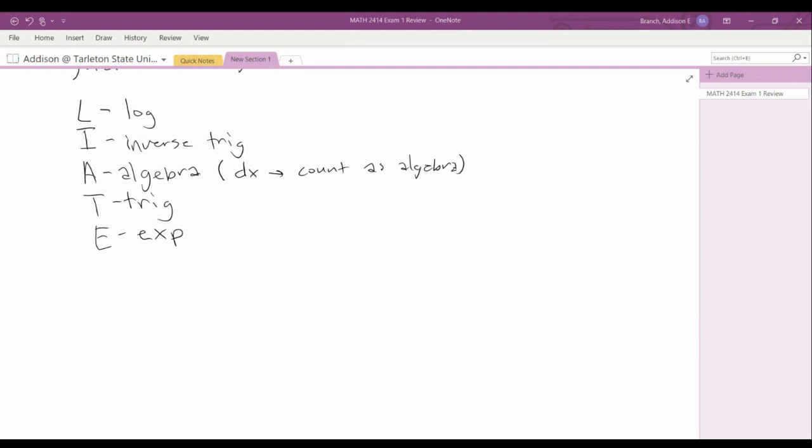Pretty much yes, because for both of those, you're going to get stuck going in a loop if you try to assign that one for u, because every time you differentiate a trig function, you just keep getting more and more trig functions. Same thing with exponentials. So yeah, I would say those are approximately the same priority.